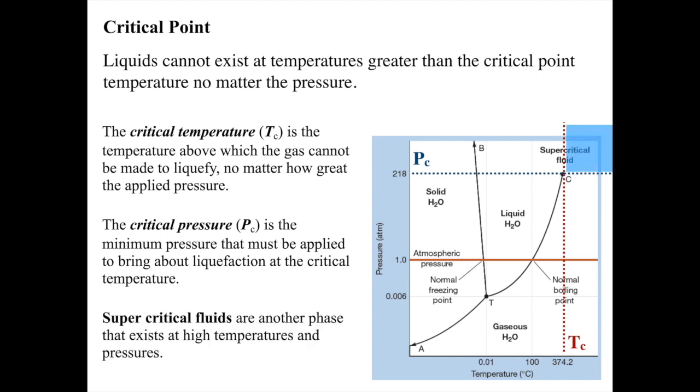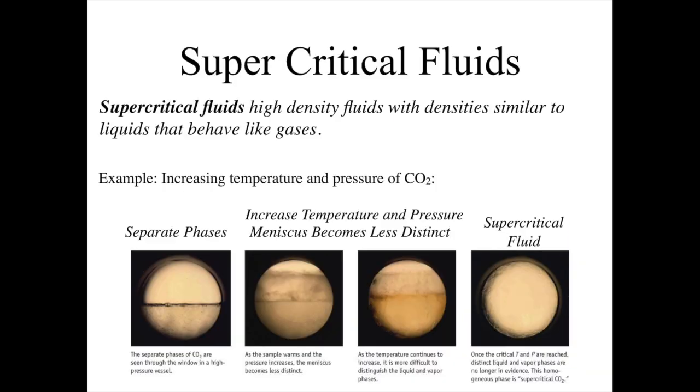So this region of the phase diagram is where we see supercritical fluids. So what does it look like when you form a supercritical fluid? Well, in these figures, you can see a window looking into where the pressure is being increased and carbon dioxide is present.